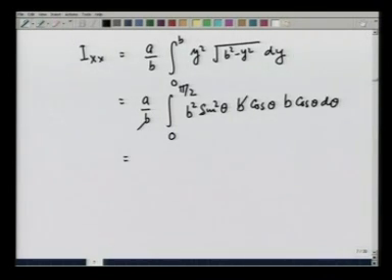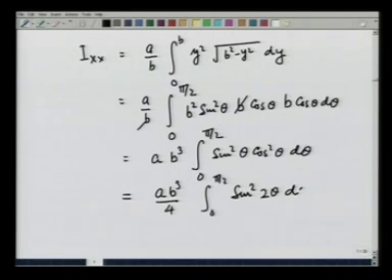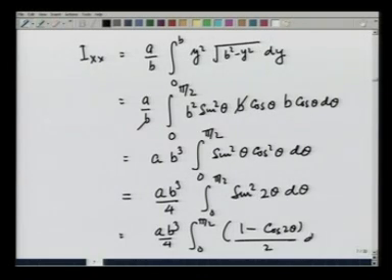This b cancels and I get a b³ times the integral of sin²θ cos²θ dθ from 0 to π/2. This can be written as (a b³/4) times the integral from 0 to π/2 of sin²2θ dθ, which is (a b³/4) times the integral from 0 to π/2 of (1 minus cos 2θ)/2 dθ.